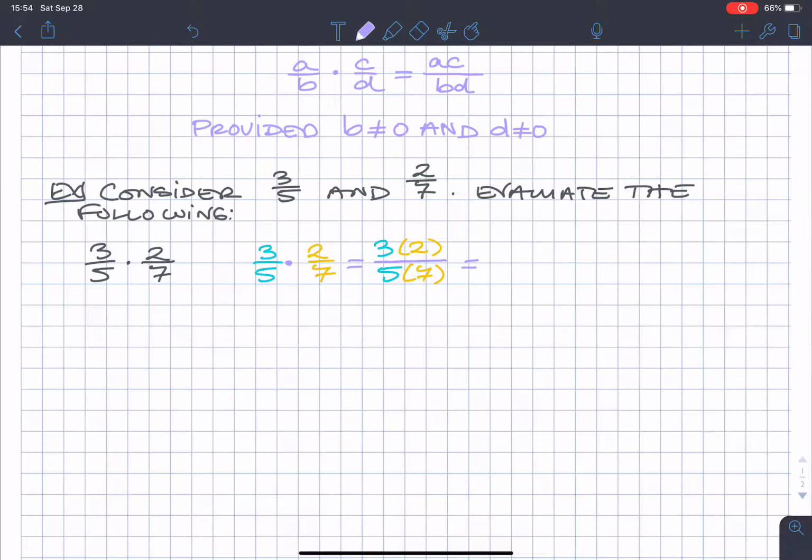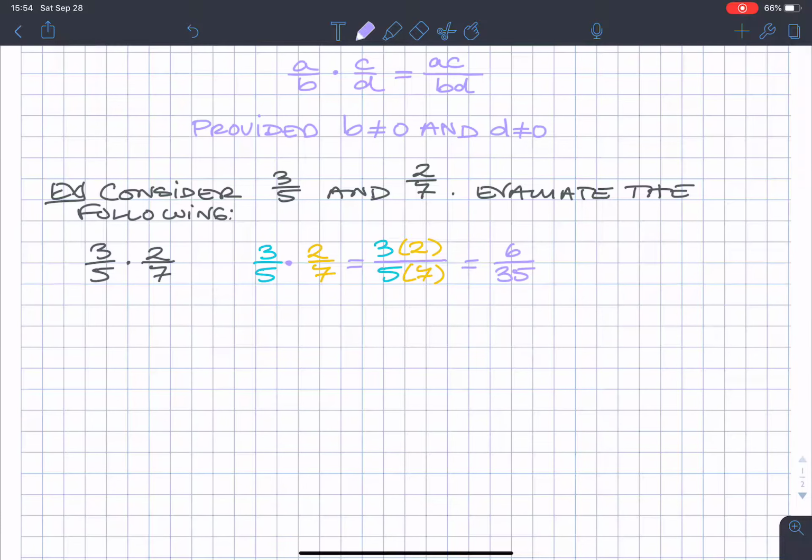So 3 plus 3 is 6, whereas 5 times 7 is 7 added to itself 5 times, which turns out to be 35. So there we are. So that's all that we have for multiplication. It's really not terrible if we remember just to multiply the two numbers in the numerator and to multiply the two numbers in the denominator.